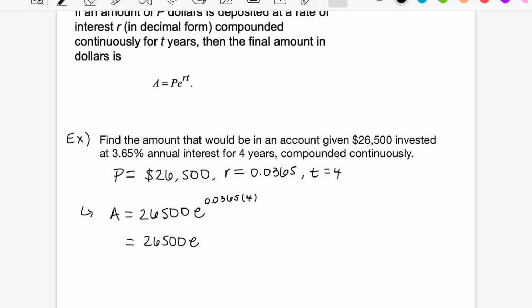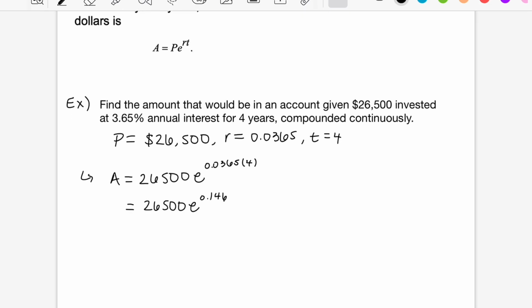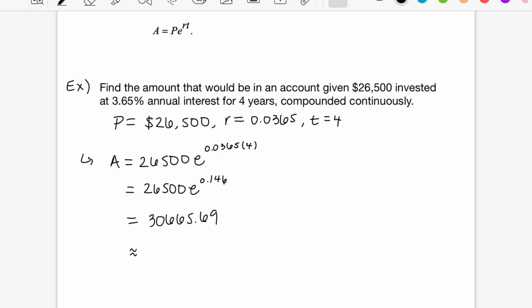First thing I'll do is multiply these exponents. And then evaluating this, we'll get, and then again, rounding this to the nearest cent, this would be our final answer. So this would be the amount that would be in an account given that information.